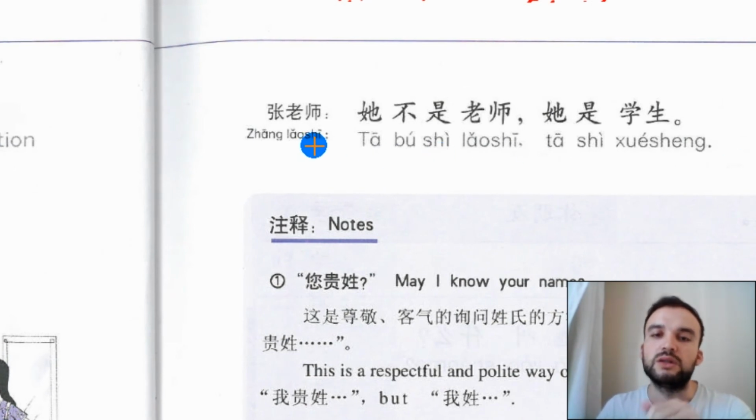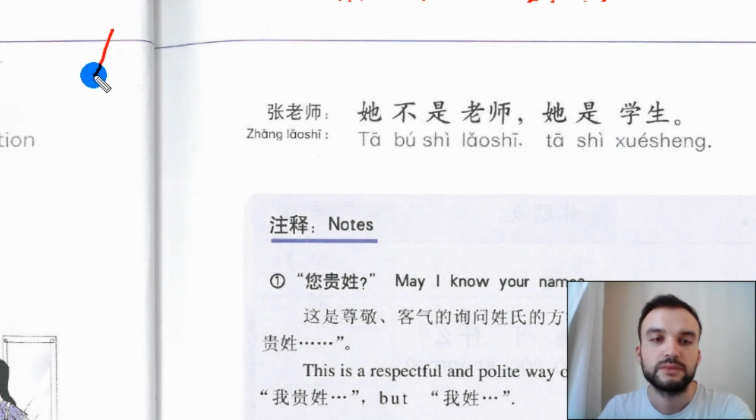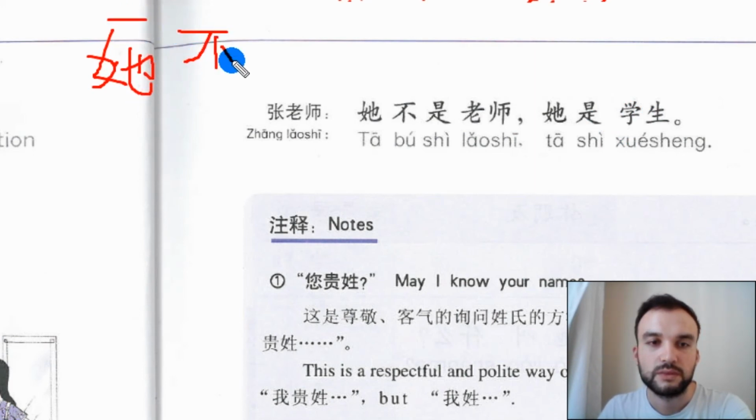她不是老师，她是学生。She is not a teacher. She is a student. 她不 is fourth tone.